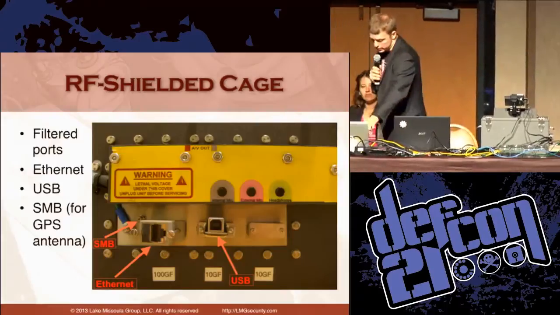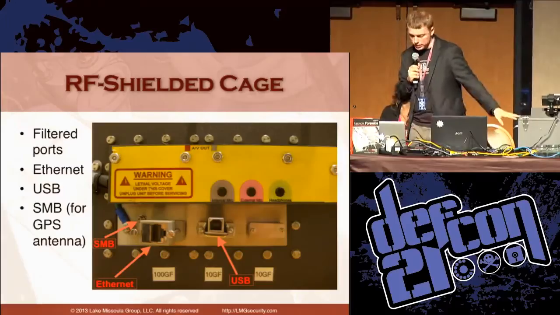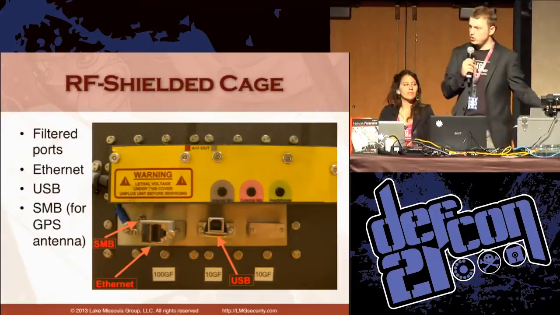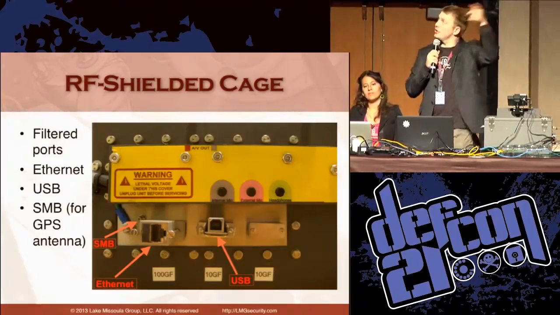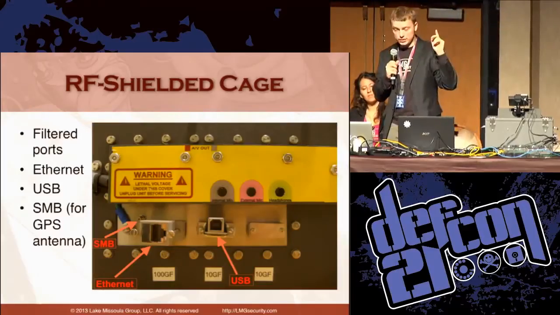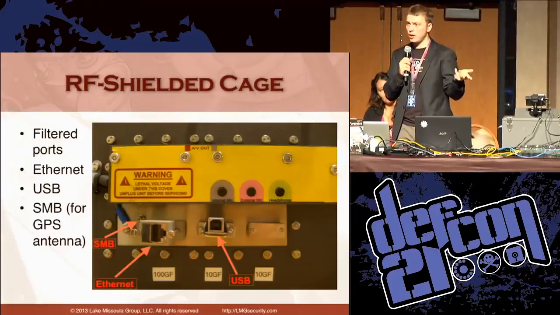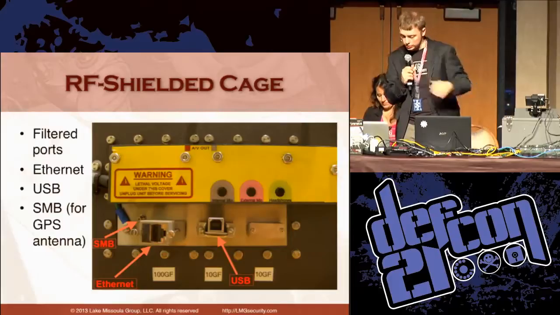We also added on the instructions, and with the help of the manufacturer, Ramsey, added an SMB connector so that we can route GPS in. One of the requirements, and one of the challenges of doing this demo in the middle of a hotel, is that you need GPS lock in order for the femtocell to boot up. So we had to run a GPS signal inside the cage.